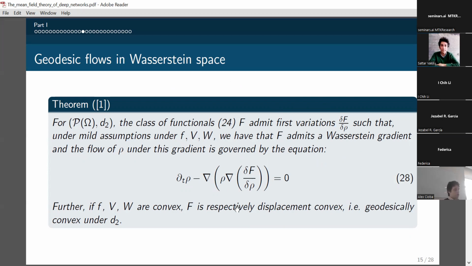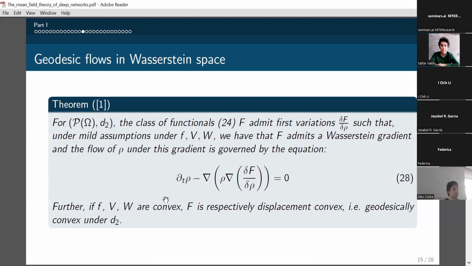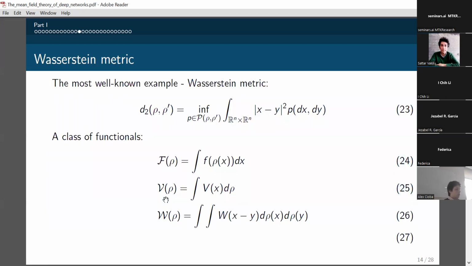I mean, there are certain technicalities that are involved in showing this, but nevertheless, this is true under mild assumptions for the functionals themselves, so for the integrands. And also importantly, if F, V, and W are convex, F is also displacement convex, so it's geodesically convex under the Wasserstein distance.